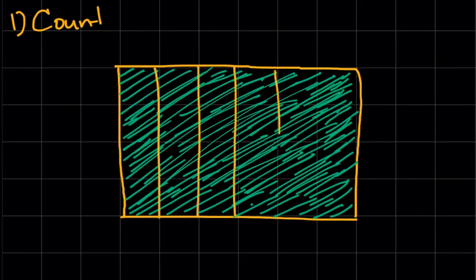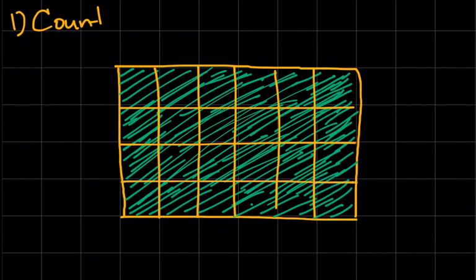You can draw your columns and your rows if it makes it easier for you to see those spaces. And then you could literally count 1, 2, 3, 4, 5, 6, 7, 8, 9, 10, 11, 12, 13, 14, 15, 16, 17, 18, 19, 20, 21, 22, 23, 24. So there are 24 square units.